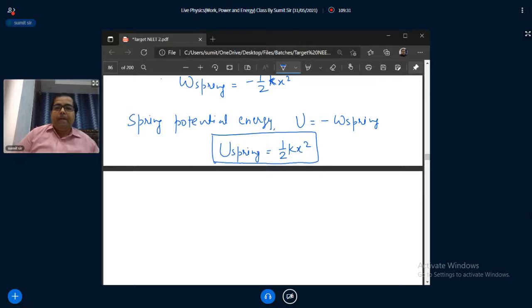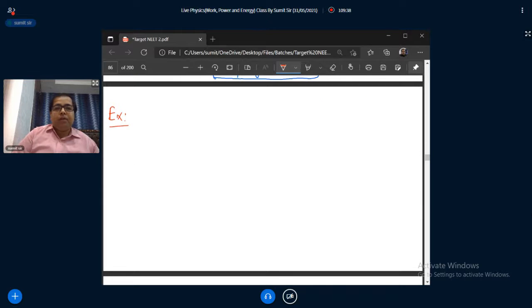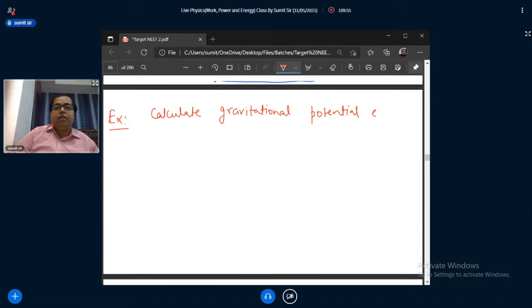Now, there is an example. Calculate the gravitational potential energy of the given rod.